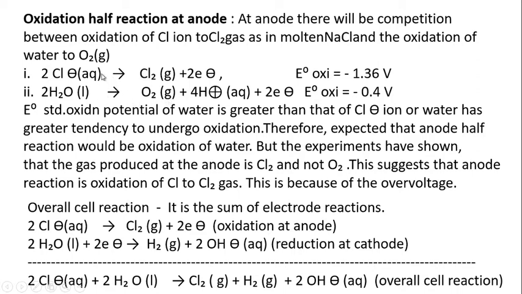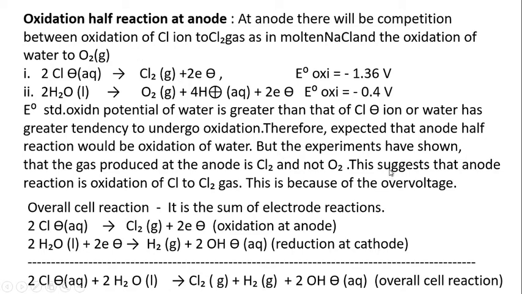Out of these two oxidation half reactions, here also the oxidation potential of water is greater than that of chloride ions, or water has greater tendency to undergo oxidation, and therefore formation of O2 gas at the anode is to be expected.